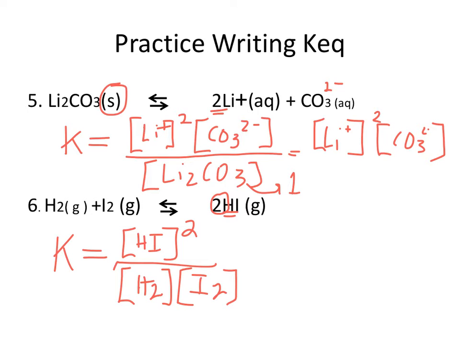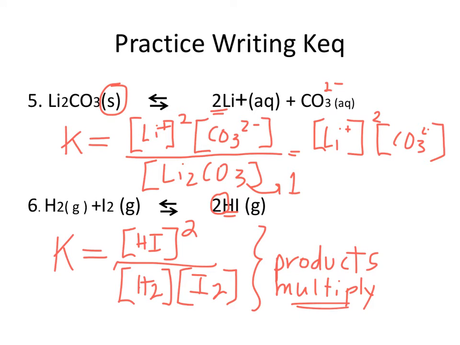So remember, products over reactants, coefficients become the exponents, and these are products, not addition products. Products multiply. Okay, so this is the form that these take.